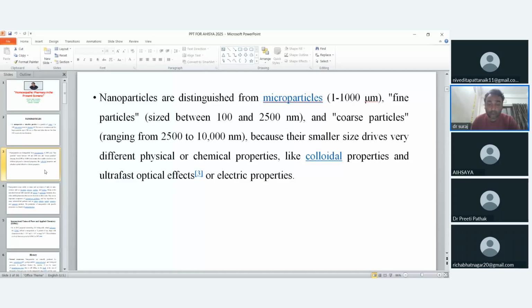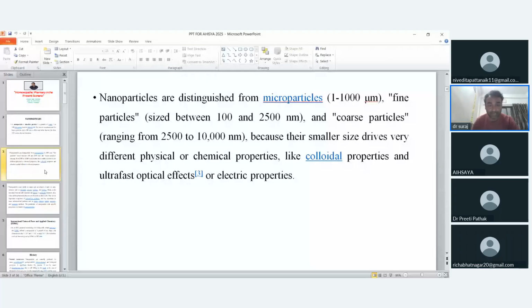When we talk about clusters or colloidal particles, they are coarse particles. That's why they are not easily filtered out, and not easily miscible in any solution. But nanoparticles have much higher and faster miscibility compared to coarse particles, and their rate of absorption is also faster.